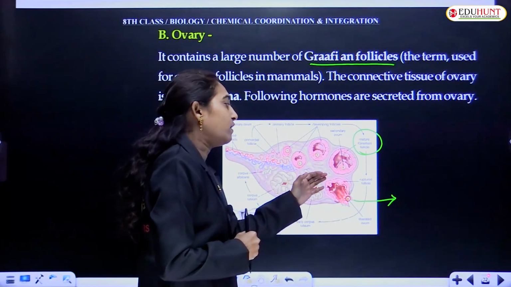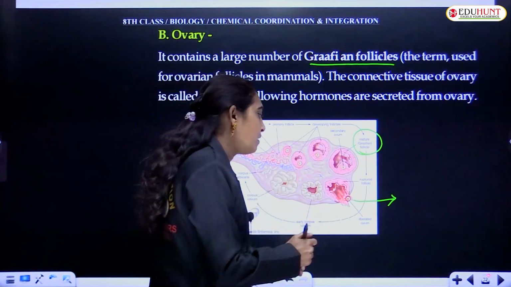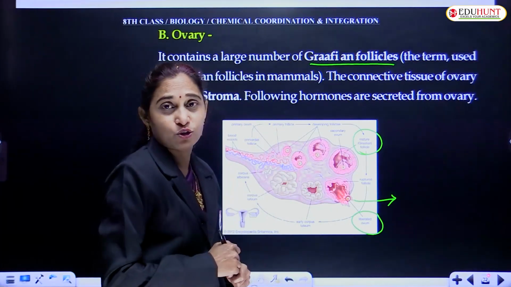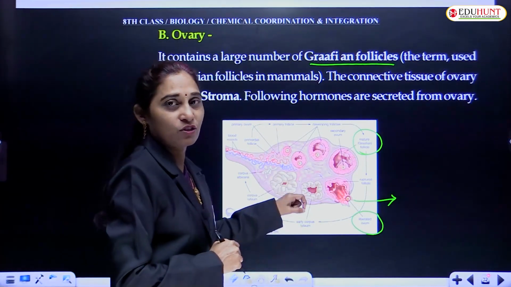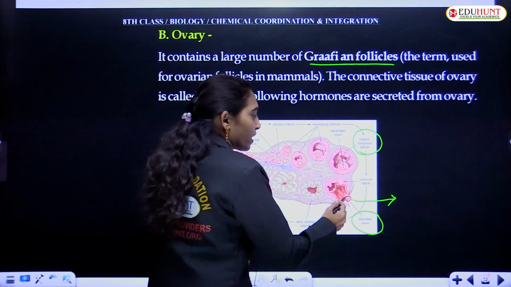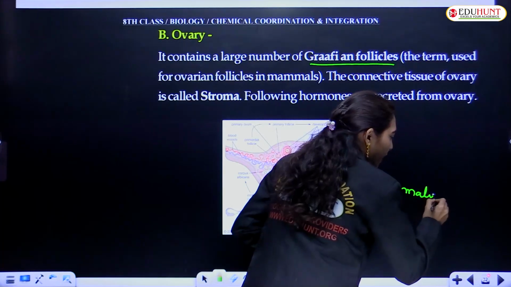That is why the follicle ruptures and liberates the ovum. It should be released into the fallopian tube. This is the mature egg.